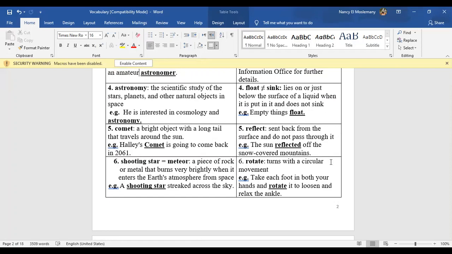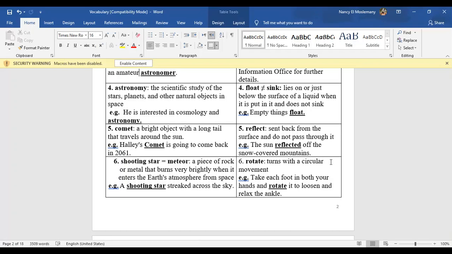Number 5, we have the word reflect. To reflect is to be sent back from the surface. It's like when you stand in front of the mirror and the light reflects your image. So the image goes from the mirror to your eyes, and that's how you see yourself. Number 6, rotate.